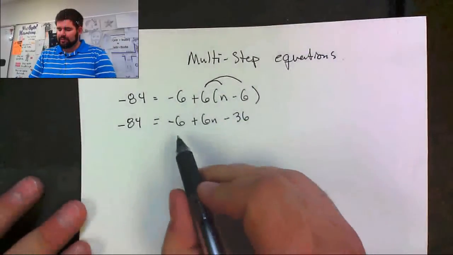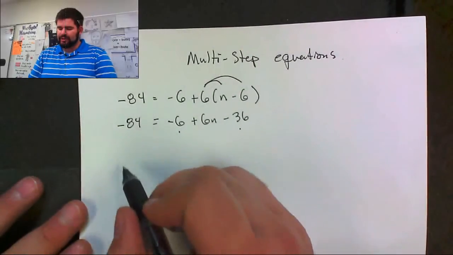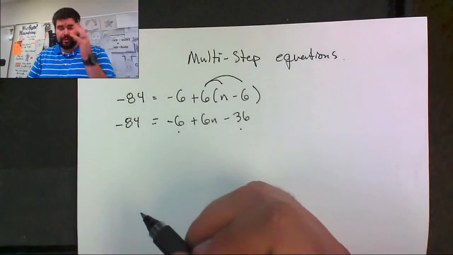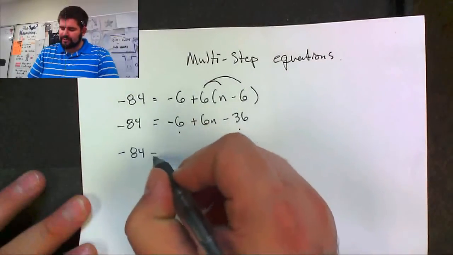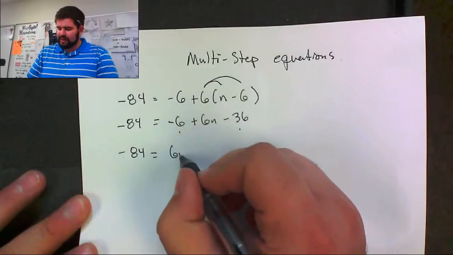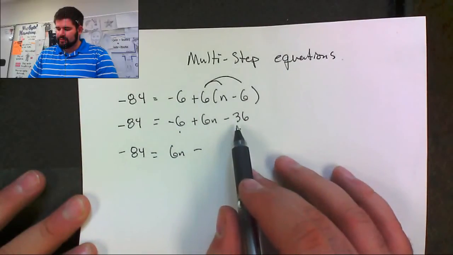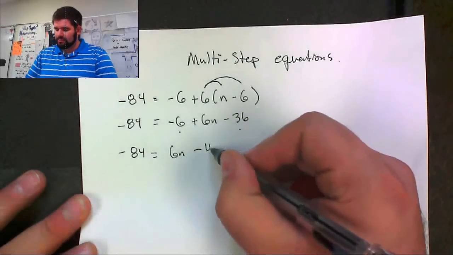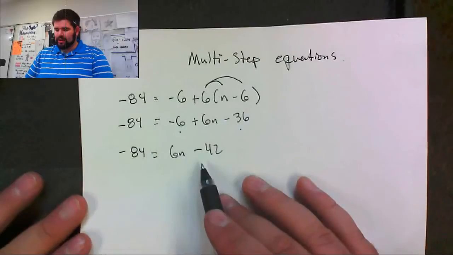Now I need to combine this guy and this guy. So I have negative 84 on this side, 6n minus 42.